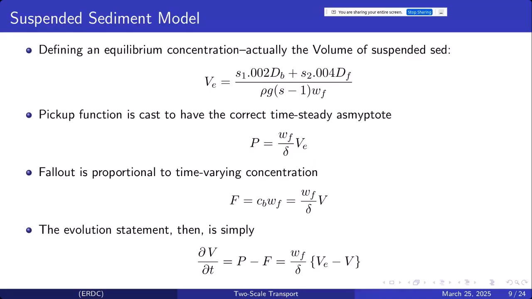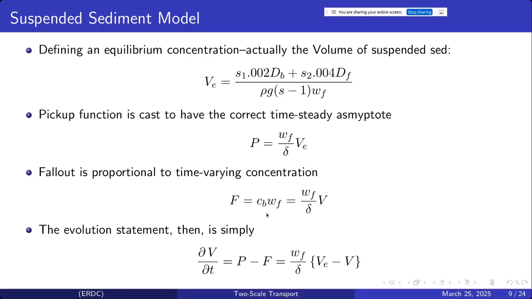In this case, we use something about 15 centimeters, because there's an assumption that within that first 15 centimeters is where most of your sediment transport is taking place. The fallout is a little bit easier. It's proportional to the time varying concentration. So you'll note that these look very similar, except that the pickup function has the volume in equilibrium, and the fallout function has the actual time varying concentration.